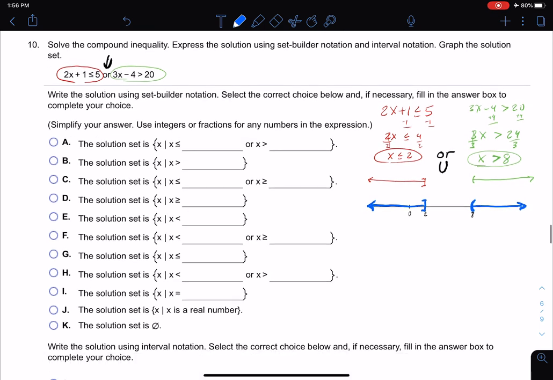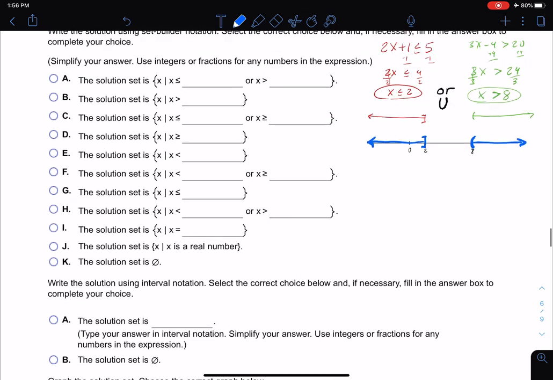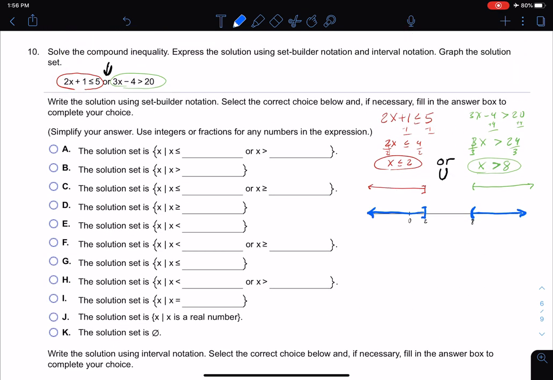Okay, so if we're going to actually write the answer to this, we can see the graph already, but let's first match up where these would go. It has to be the answer that has a combination of a less than or equal to and a greater than symbol.